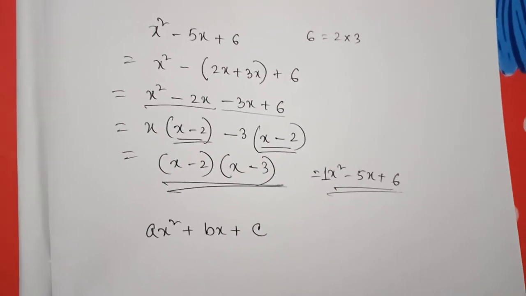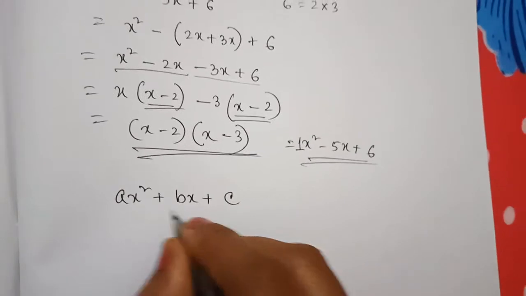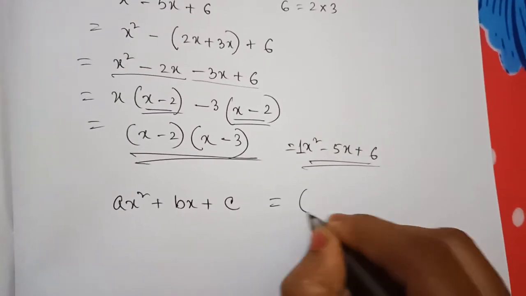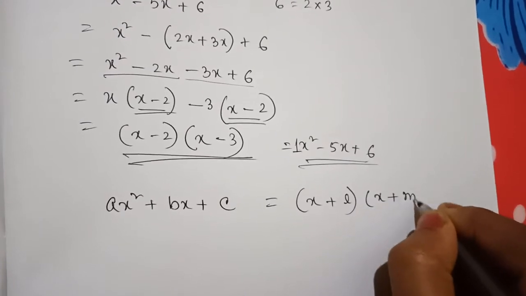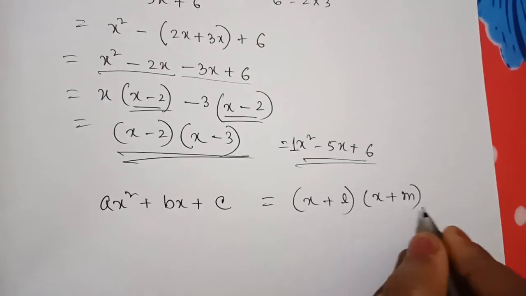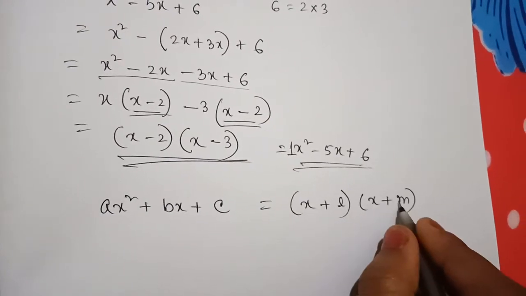It may be 1, but we need to know other than 1 also. So think about that. After factorization, if you are getting x plus l into x plus m, then how will we find out this lm?